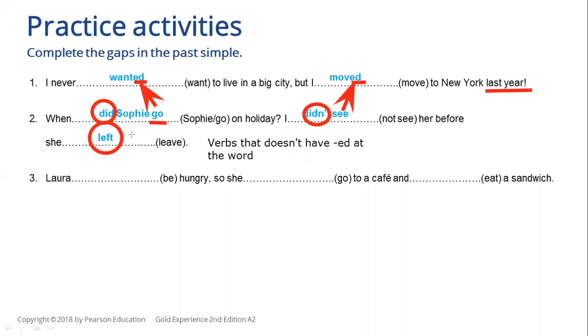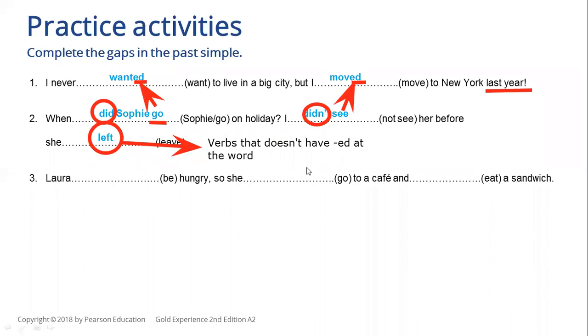So they have unique or different ways of doing it. In this case, left is from the verb leave, which in Spanish means irse.